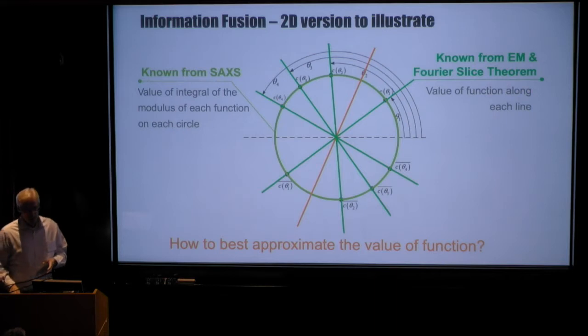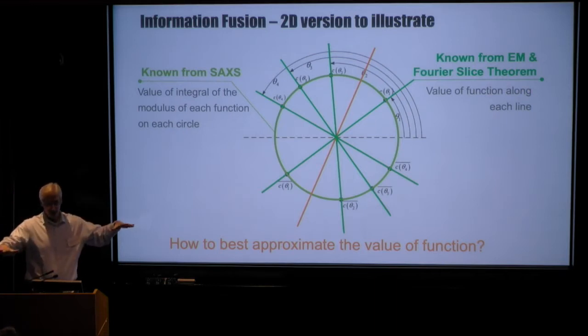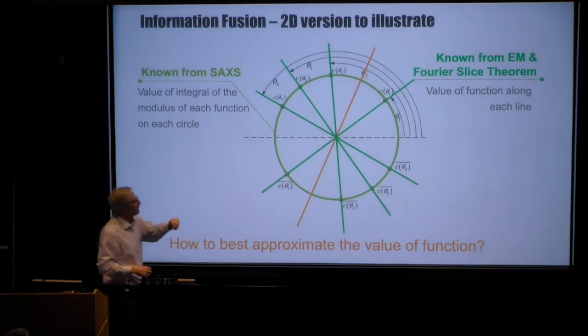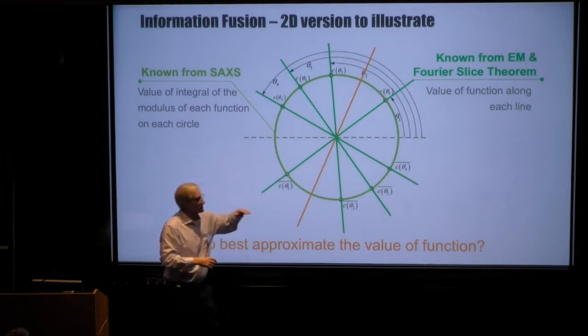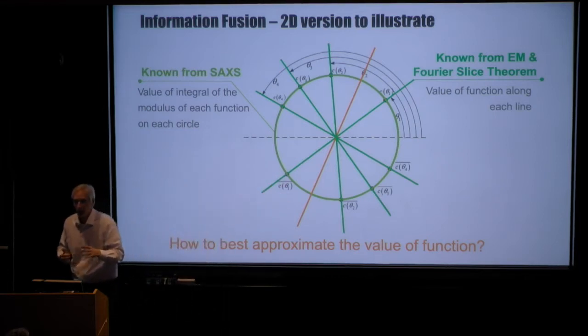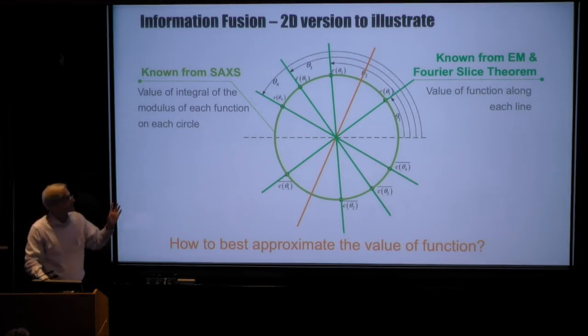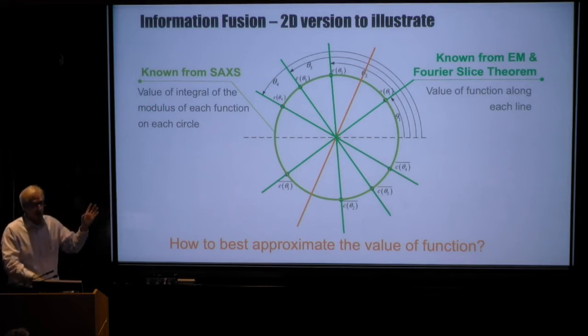Okay, so here's what happens. We have this 2D density in the real plane. We convert it to Fourier space, and then we divide that 2D Fourier density into concentric circles, and we just look at the values on those circles. When we take these slices, we're taking slices through the center of these circles, so the actual data that would correspond to EM is at the intersections of these slice lines and the circle, and the SAXS data is the integral of the modulus squared of the density around the circle.